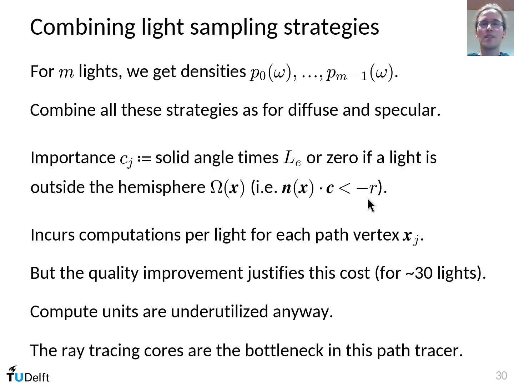The key thing is that with the path tracer as is, the compute units are actually very much underutilized. The bottleneck here are actually the ray tracing cores, so having additional computation doesn't cost us anything. So that's why I decided to do it like this, but at the very end I'll also briefly talk about how you can handle larger numbers of light sources efficiently.